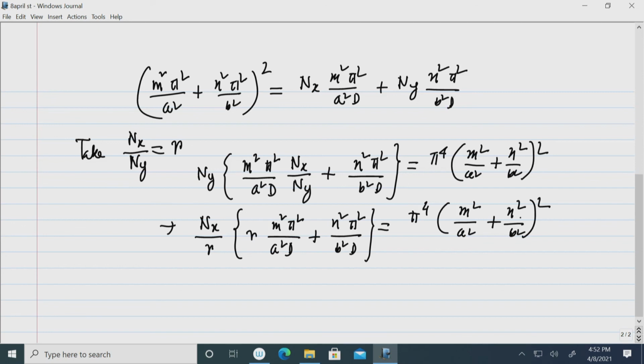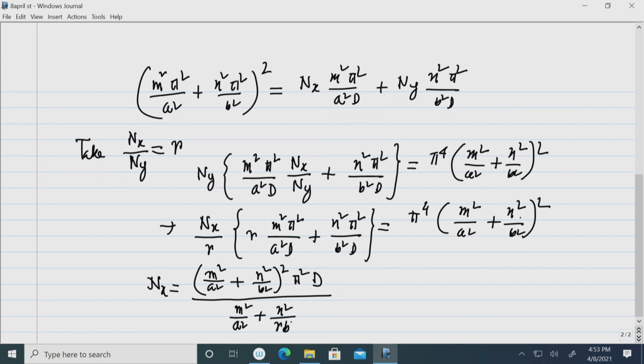So, from that equation N_x is found, after simplification, as (m² by a² plus n² by b²) whole squared times π² D, and in the denominator it will be m² by a² plus n² by r b².